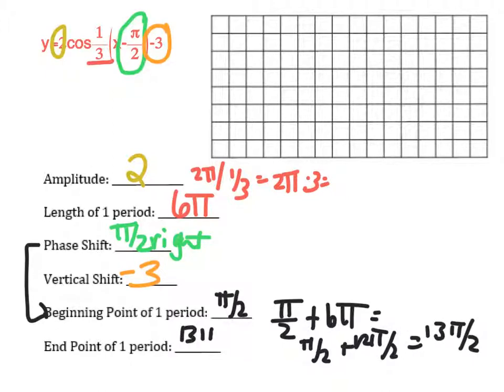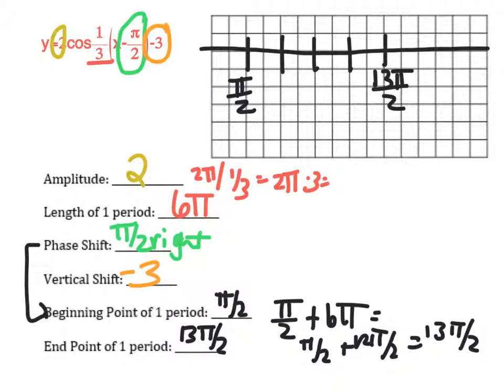That's my end point. And since I'm going down 3, I'm going to go up a little bit higher on my graph. So I'm starting at pi over 2, 1, 2, 3, 4, 13 pi over 2.